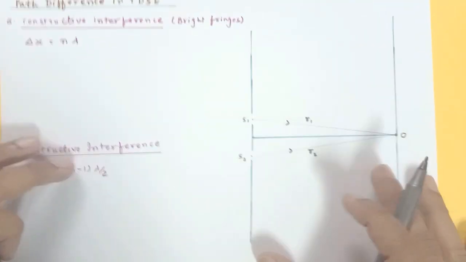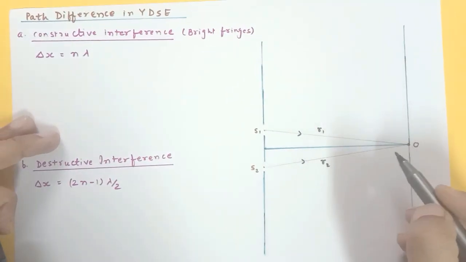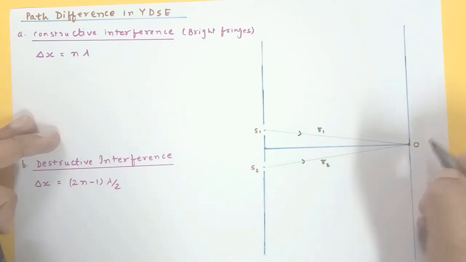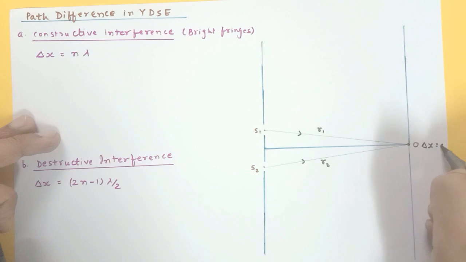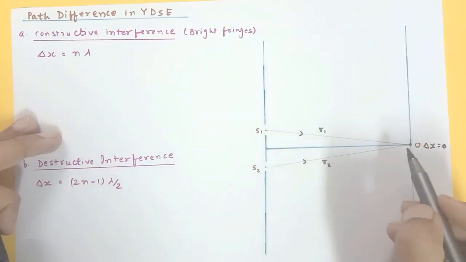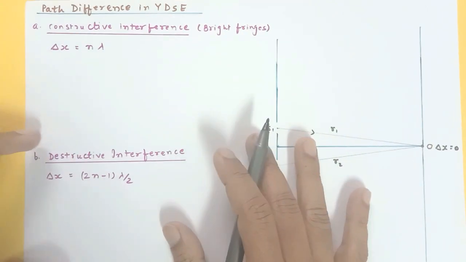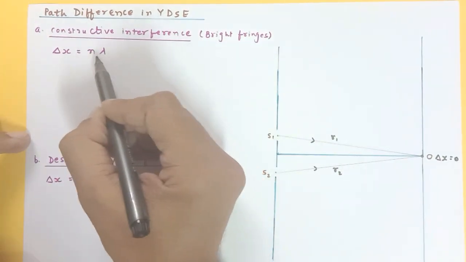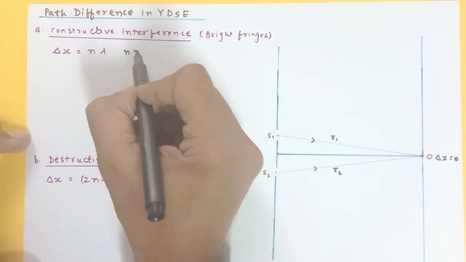So if they are traveling equal distances, when they reach point O, at the center of the screen, the path difference over here would be 0, because they are traveling the same path. So at this point path difference is 0, and I can only obtain path difference 0 over here by putting n is equal to 0.